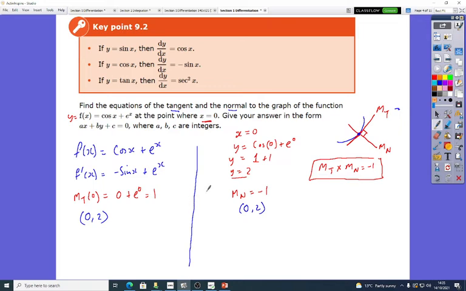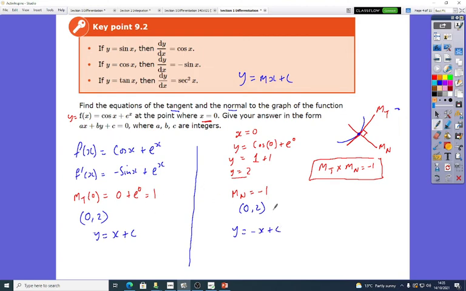So now, the last thing I need to know is that when I'm finding the equation of tangent and normal, I put it in the form of a straight line, y equals mx plus c. So I'm going to write down y equals m, well, the gradient of the tangent is 1, so that's going to be 1x, just x, plus c. And if I do this simultaneously, the equation of the normal is going to be y equals minus x plus c.